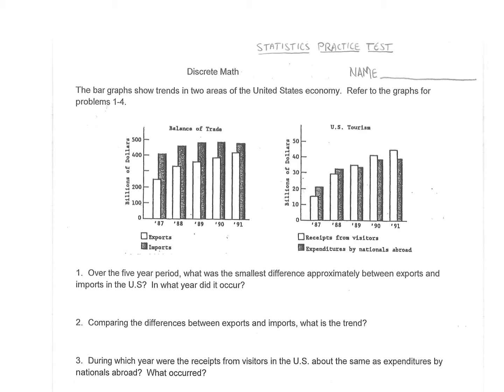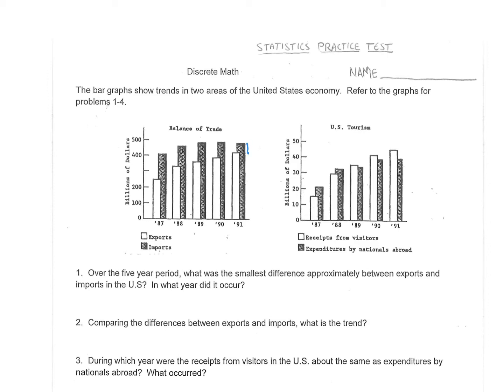Number 1, over the 5-year period, what's the smallest difference approximately between exports and imports in the United States, and what year did it occur? So the smallest difference looks like it's approximately here.